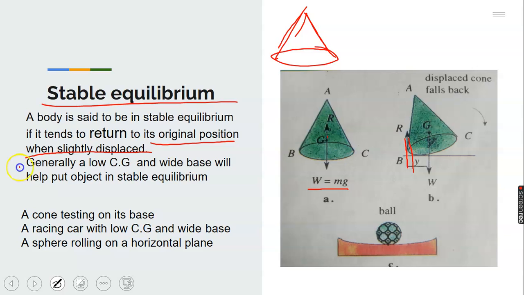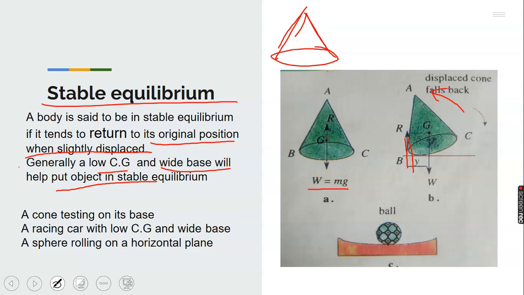Now, generally, a low center of gravity and wide base will help an object be in stable equilibrium. Look at this, the base is wide and the cone is resting on the base. When it is slightly displaced, like I've explained before, you can see that the line of action will still be within the radius of the base.